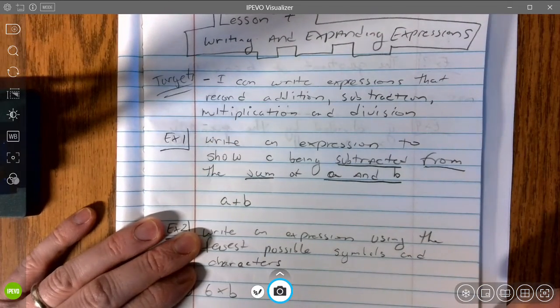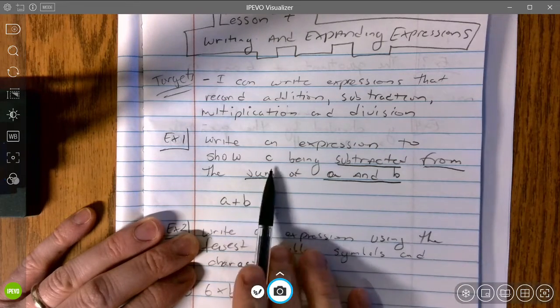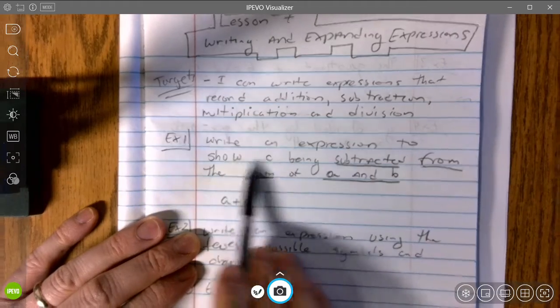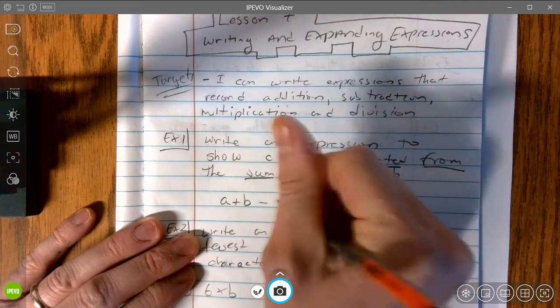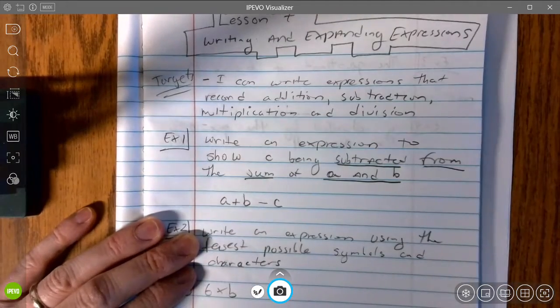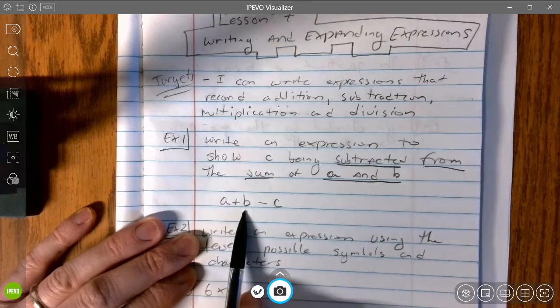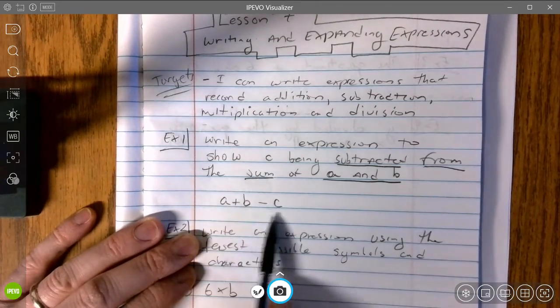A plus B. And if we want to show C being subtracted from that sum, there you have it. There's the sum of A and B, and there's C being subtracted from the sum of A and B.